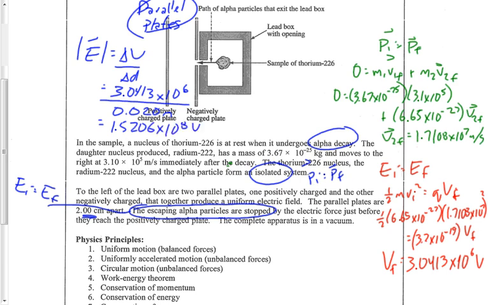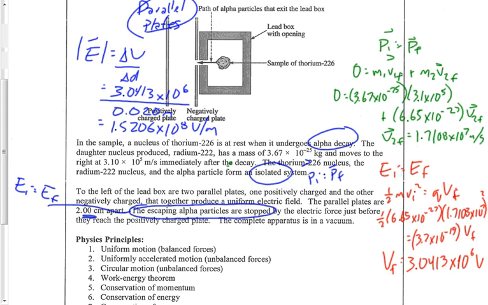Oh my goodness. It seems like we're kind of dancing around what we need to do here. We're looking for the electric force on this alpha particle. We've done 3 calculations and we still haven't got it? But you know what? There's 4 parts to this question, and we've just done the 3 hardest parts.